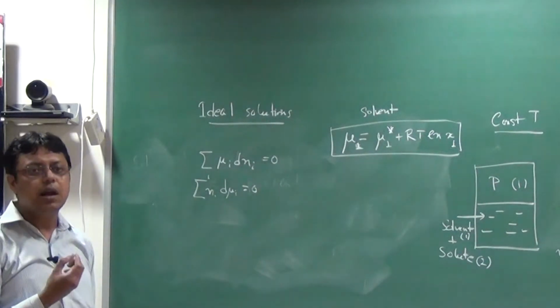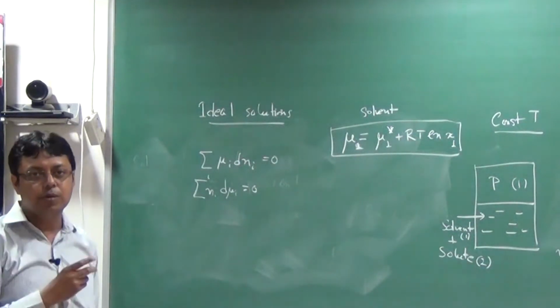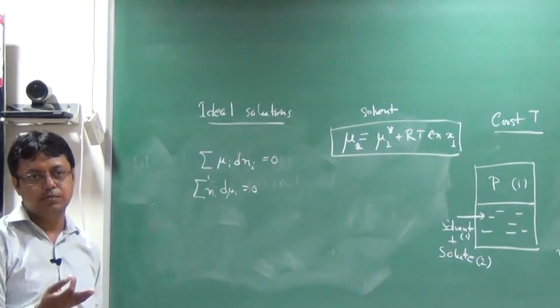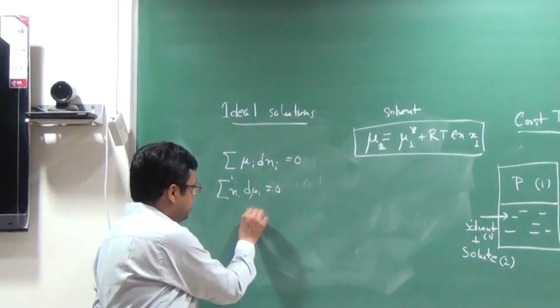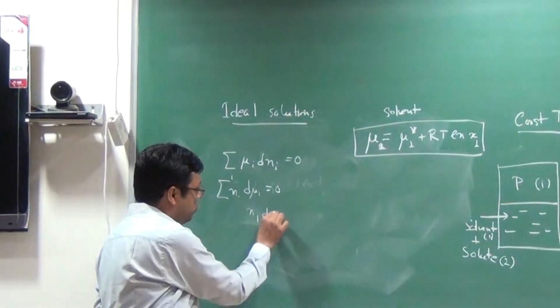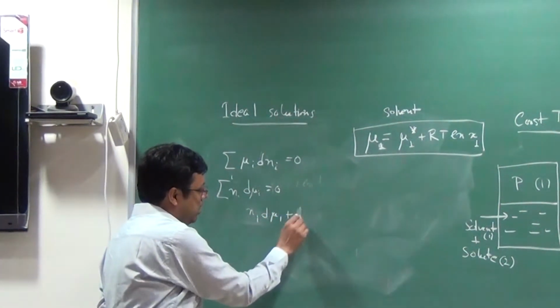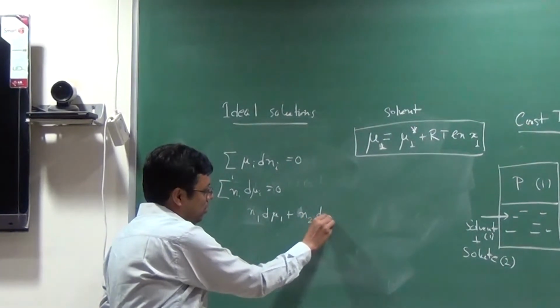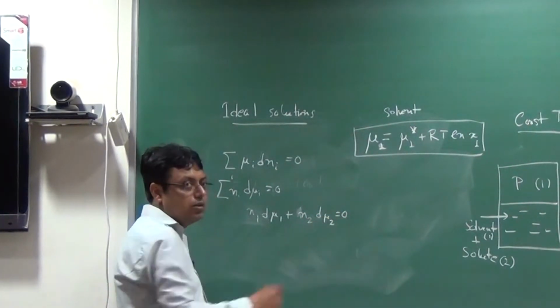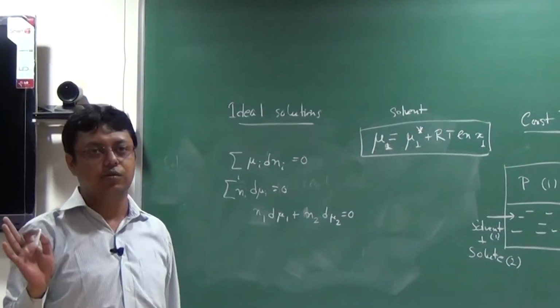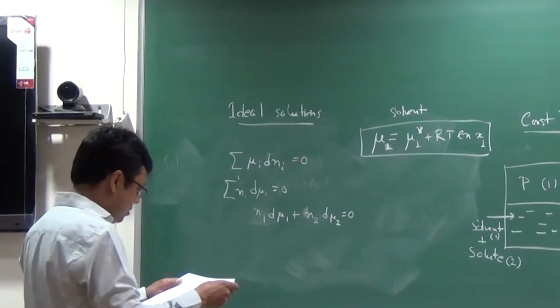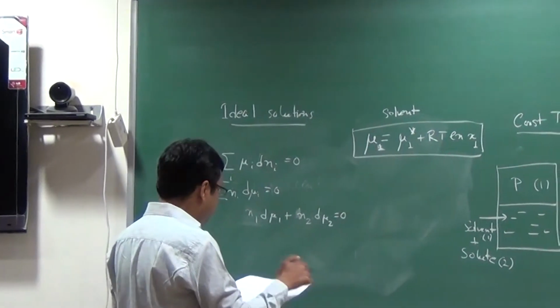Now, what is i here? i is basically 1 and 2 because it's a two-component system. 1 is for solvent, 2 is for solute. So now it is very simple. What I have here is n1 dmu1 plus n2 dmu2 equal to 0. So I'll directly get a relationship between mu2 and mu1. That's what I wanted to do. Let us follow the same notation.